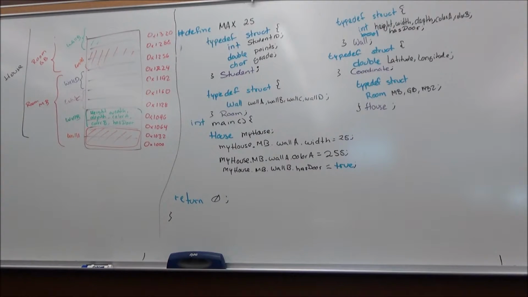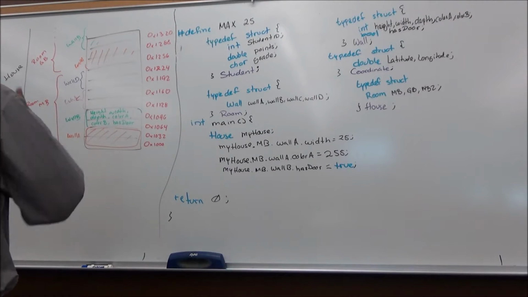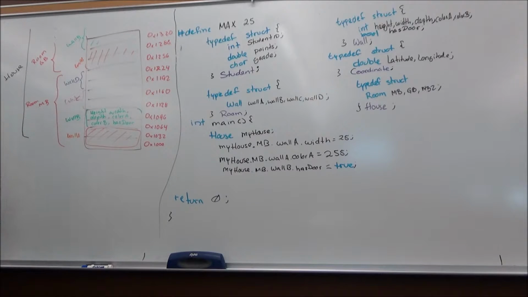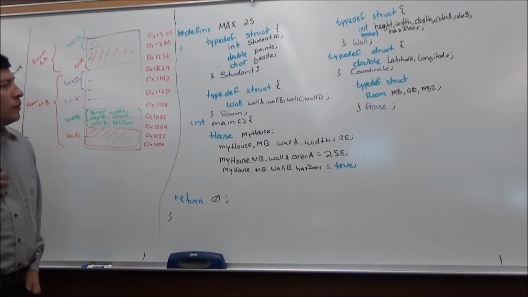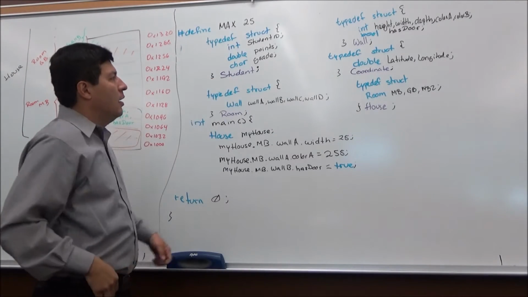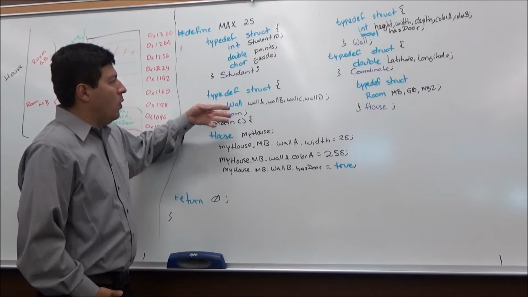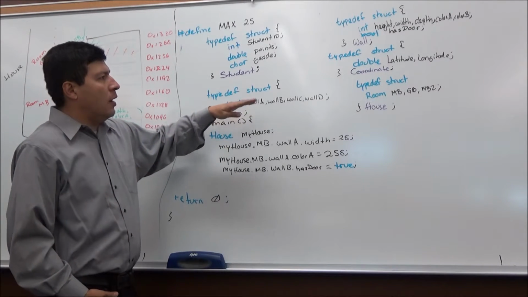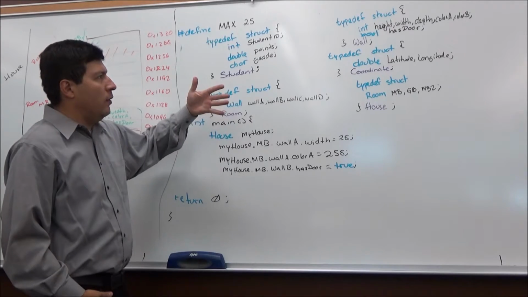All right, so what the computer really did is, when it sees a house, it's going to say, a room has 4 walls, and a house has 3 rooms, so that's 12.